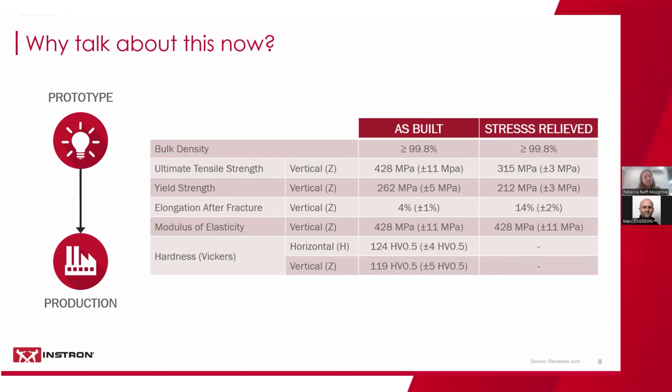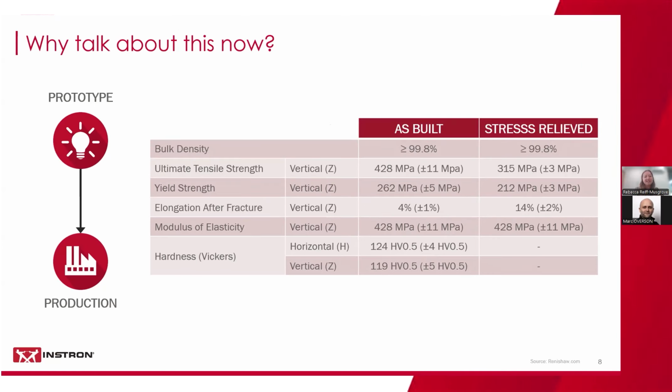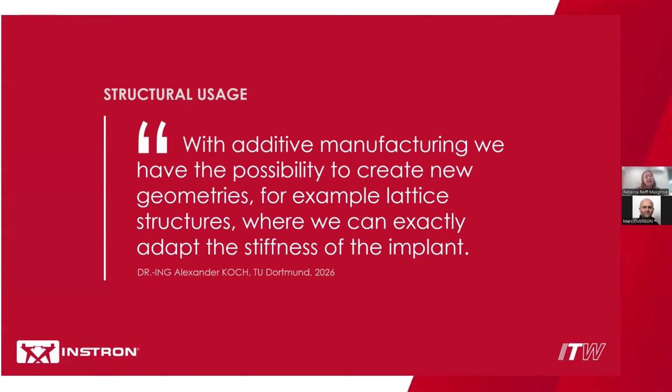But if it was just prototype to production, I'd be sat here talking to you more about our universal testing machines and the static, tensile, and compressive tests. However, I work with the fatigue market. And so the reason that we in the fatigue market are talking about this is we're seeing this more and more in structural usage. So last time we spoke about additive manufacturing being used in Airbus planes. This time, another example, we're using it in implants.